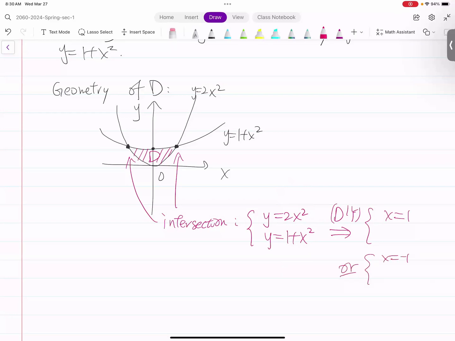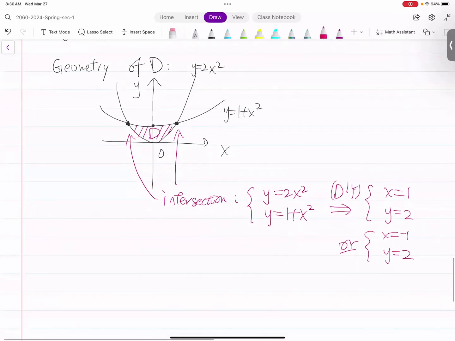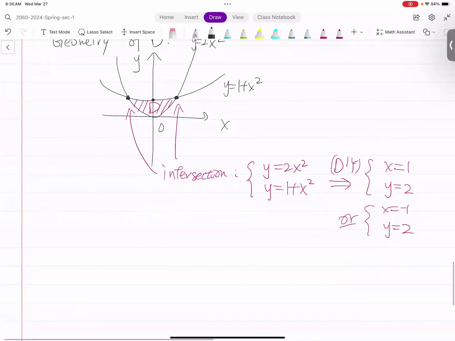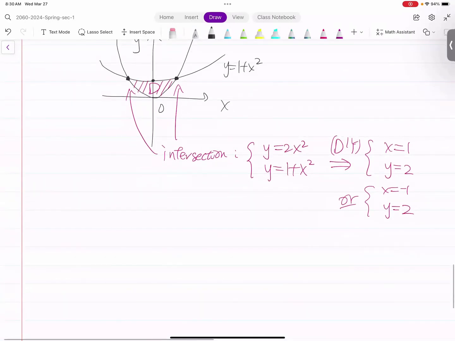But now you notice that y must be 2 because in either case, x squared is 1. So what does it tell you? It tells you if you zoom up for the shaded region, there's a flatter upper bound and there's a more curvy lower bound.